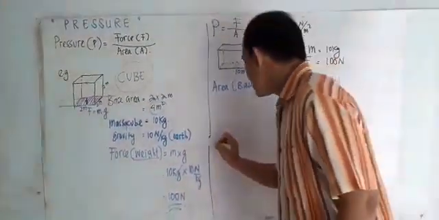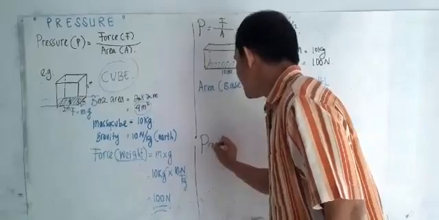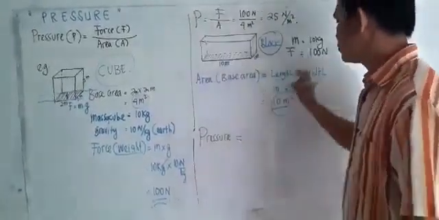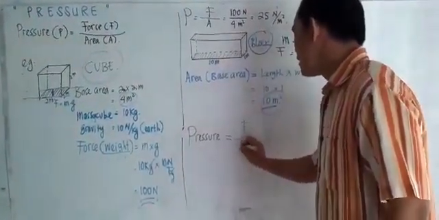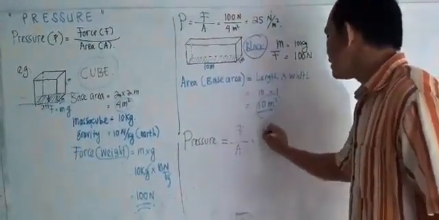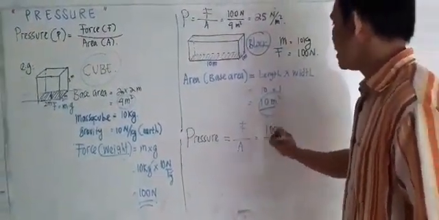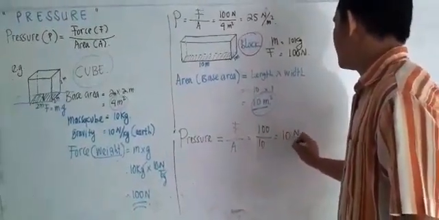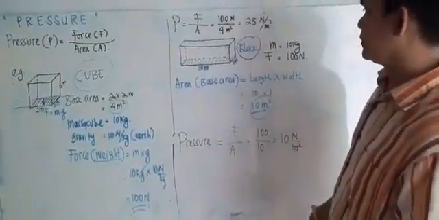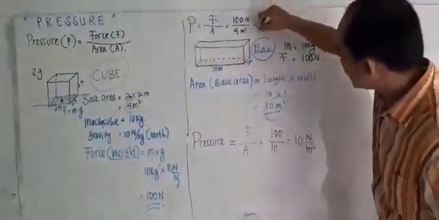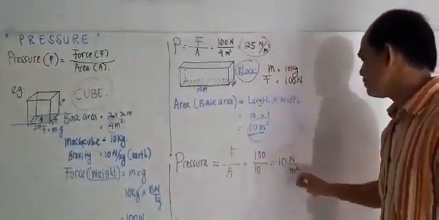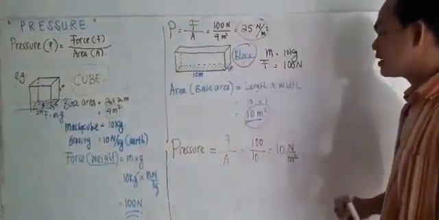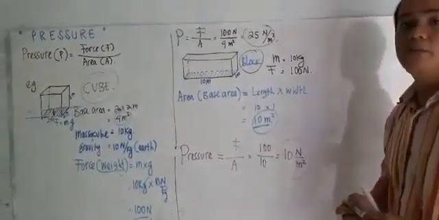So we compare that the pressure of the block is equal to force divided by area, which is 100 Newton divided by the area 10, equal to 10 Newton per meter squared. Now we compare that the first pressure is 25 and the second pressure is 10 Newton per meter squared.